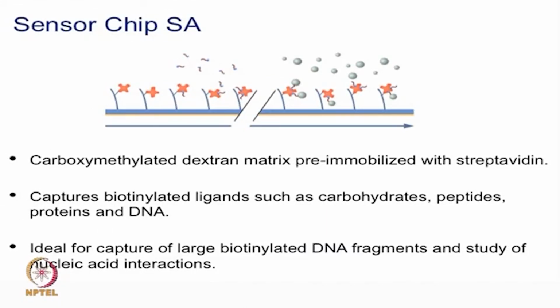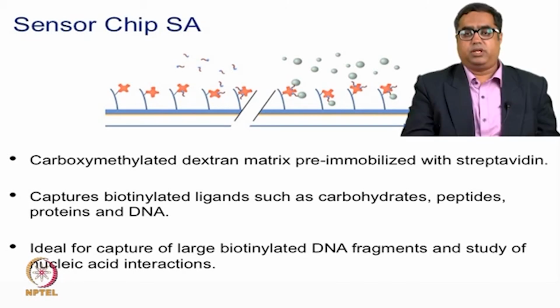Here, this is also a CM5 chip, which is pre-immobilized with streptavidin molecules, and these streptavidin molecules have a very high binding affinity to biotin, and they bind to biotinylated proteins, peptides, oligos, DNA, RNA, and will help to immobilize these molecules in any interaction process.